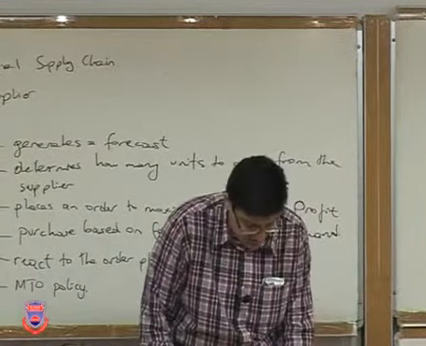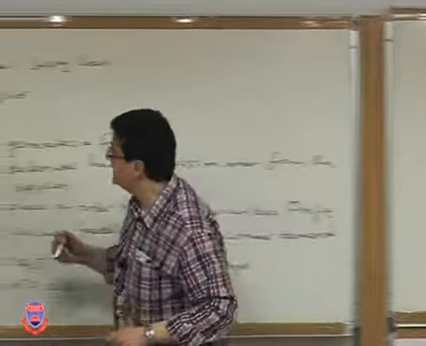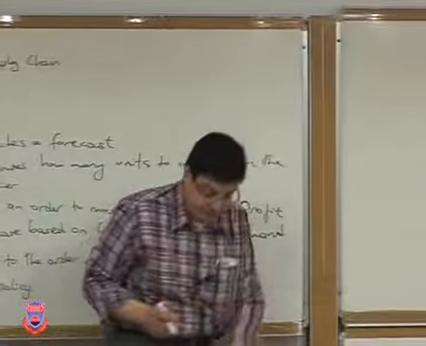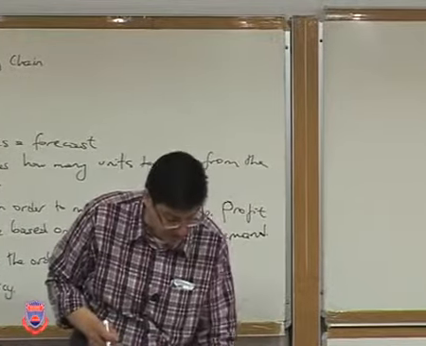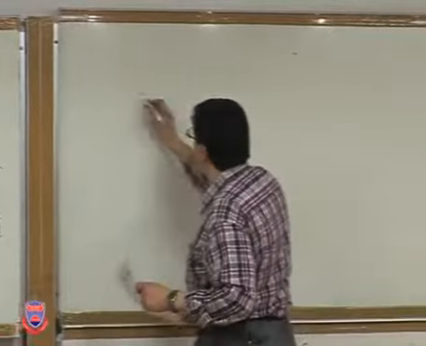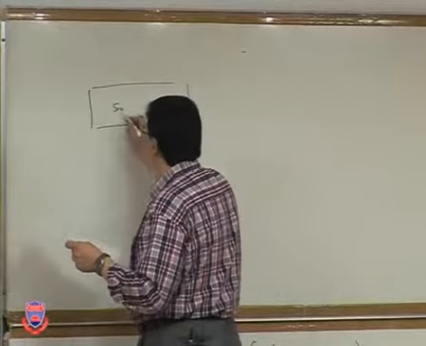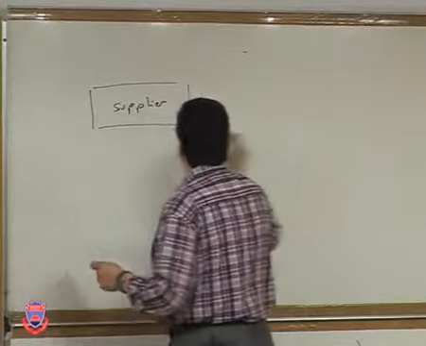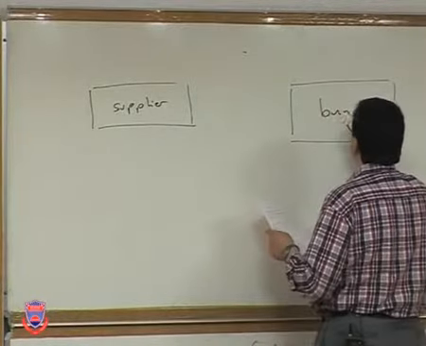So in that case, what we have is the following. Before going further, actually, let me give the notation related to all of these. So we have the supplier and we have the buyer.